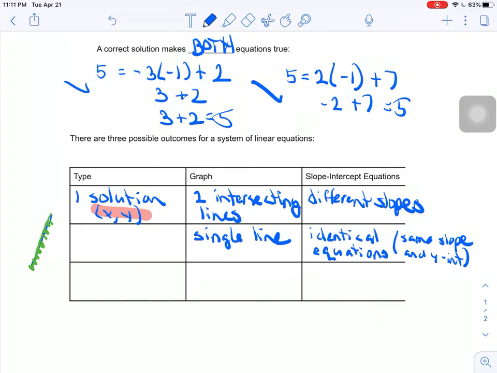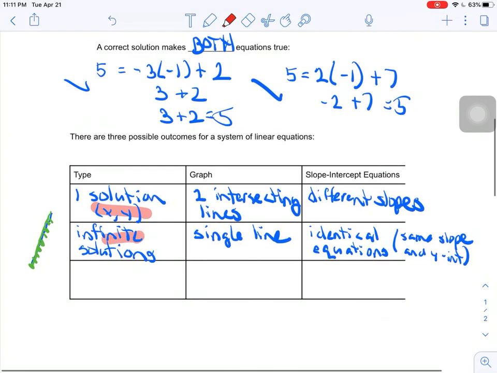So that means that there is an infinite amount of places where those lines touch each other. So there's not just one solution. There are infinite solutions because the lines are touching everywhere. So if you get into a situation like that, where you have identical equations and the lines are on top of each other and it looks like a single line, then your answer wouldn't be a coordinate. You would just say infinite solutions for your answer.